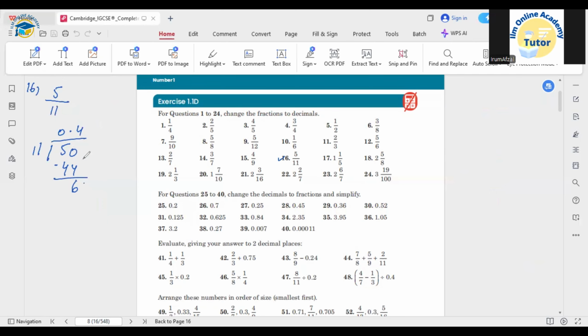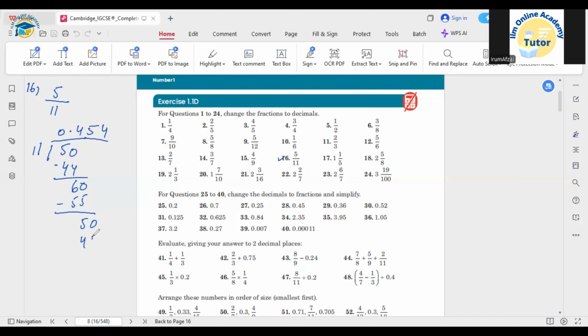Then again applying 1 0, with the 5 we can go with 55. So we would be having 5. Then applying one more 0, with 4 we can go. And this will keep on going with similar numbers. Okay, the numbers are repeated in this way, like 4 5 4 5 4 5.